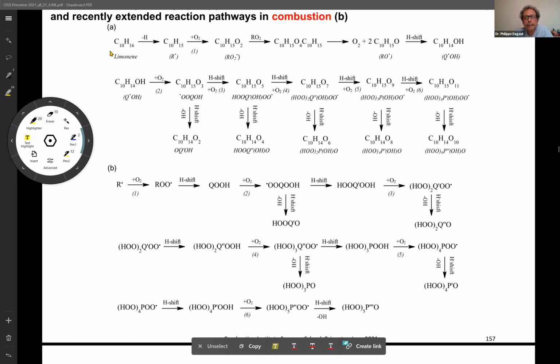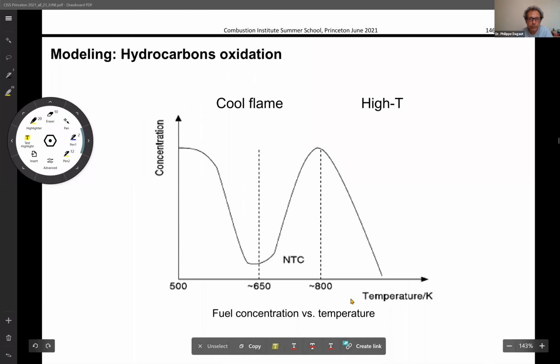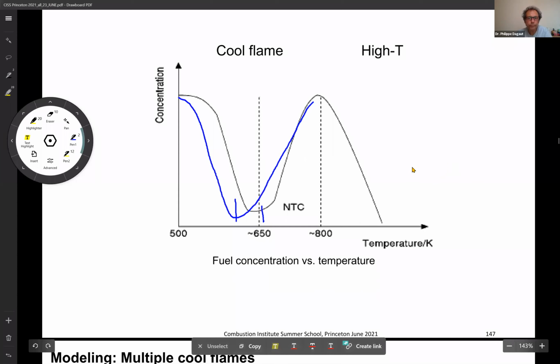This is the reason why, when we consider this plot here, this plot is typical of hydrocarbon oxidation, but for ethers we would get something like this. It will be shifted by maybe 50 to 100 Kelvin towards lower temperature.